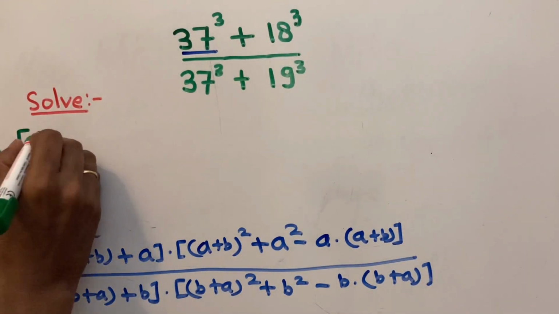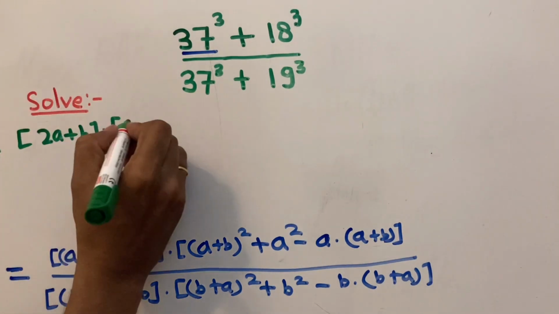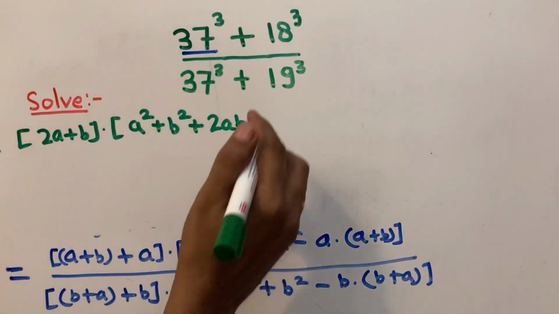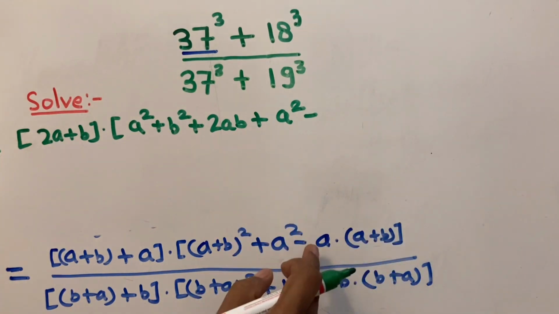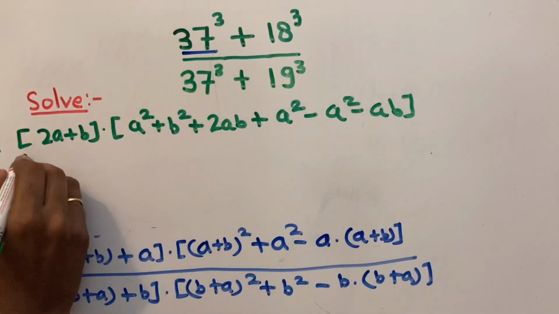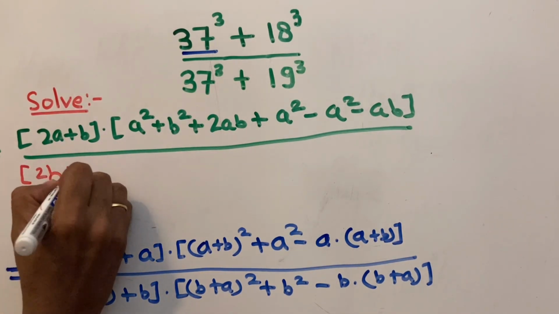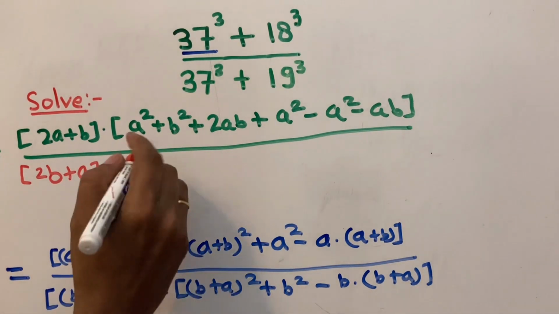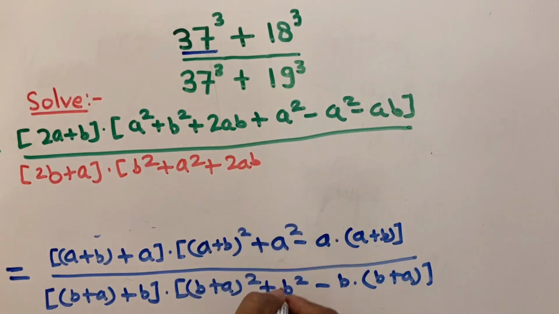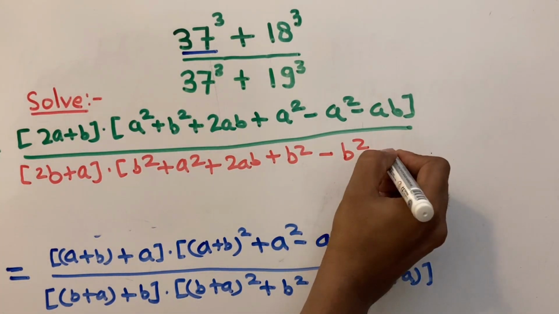(2a plus b) multiply (a square plus b square plus 2ab plus a square minus a square minus ab) divided by (2b plus a) multiply (b square plus a square plus 2ab plus b square minus b square minus ab).